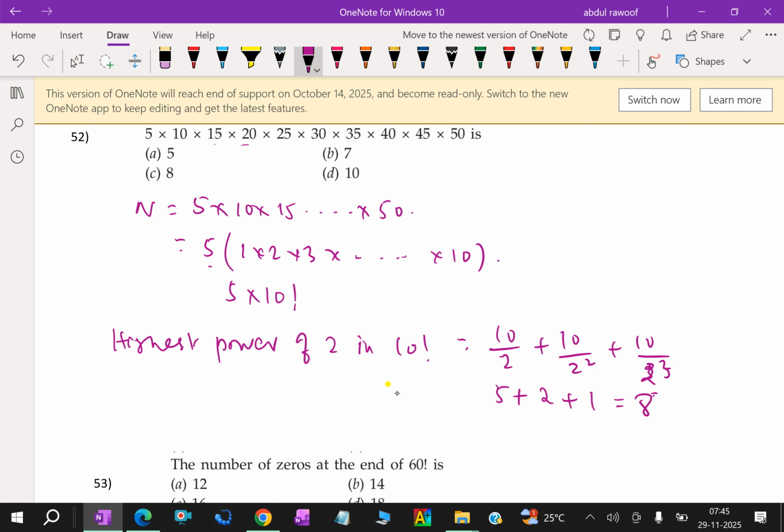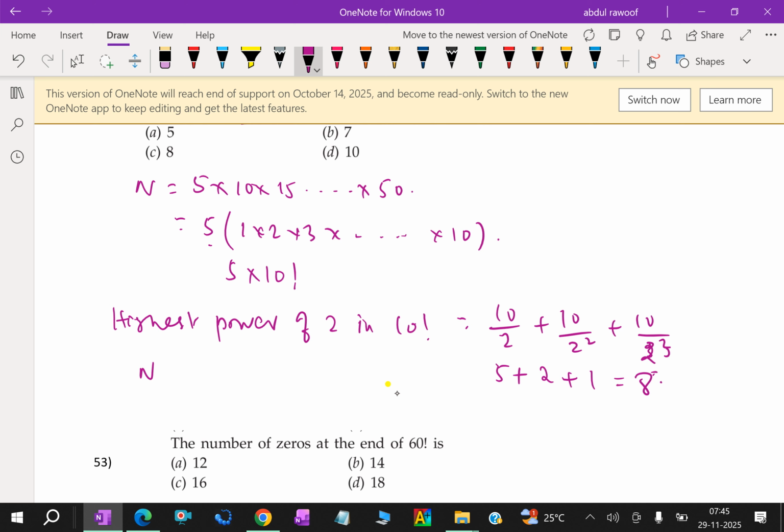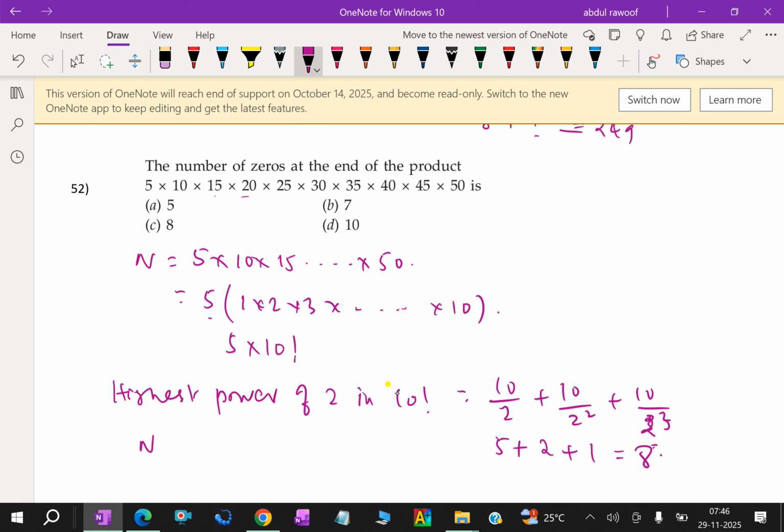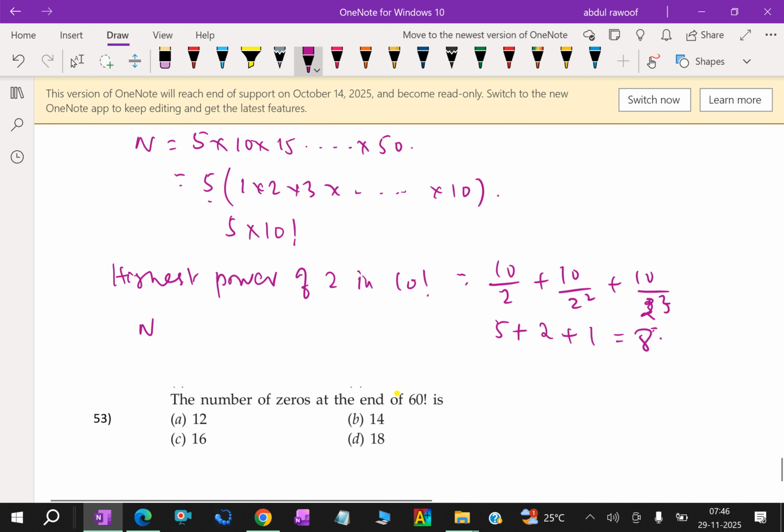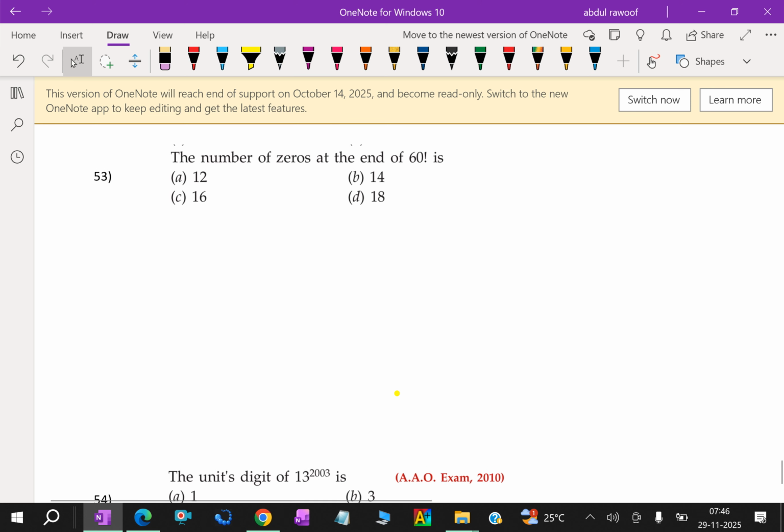So which is equal to 8. So for n it is 8. Option is 8.